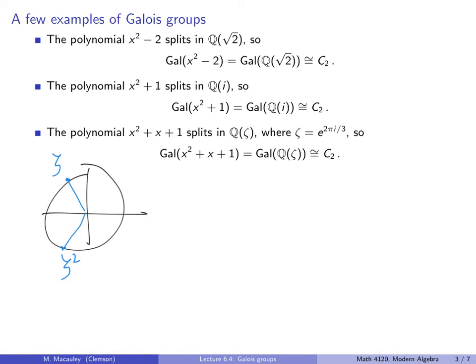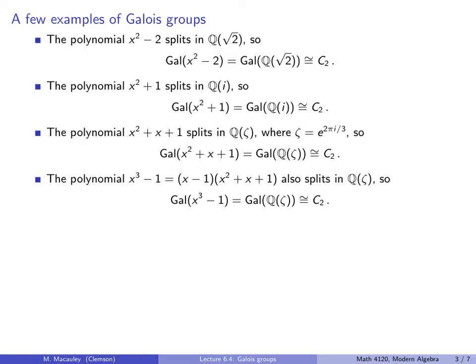And again, there are only two automorphisms of this field. In this case, the non-trivial automorphism sends zeta to zeta bar, which is just zeta squared. So, as before, the Galois group has two automorphisms. It's isomorphic to C2.